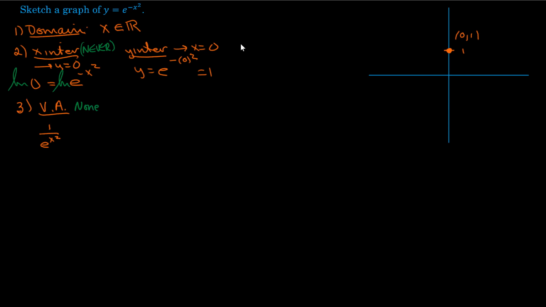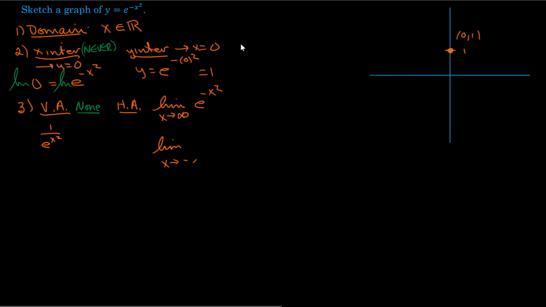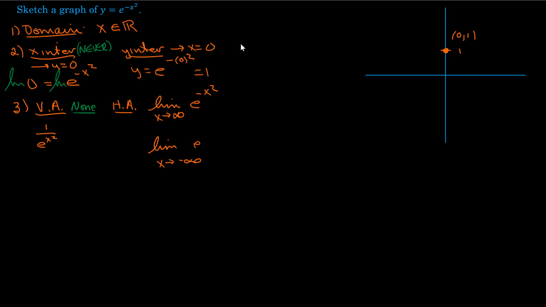They never occur. Horizontal asymptotes. This is going to be the limit where x approaches infinity of e to the negative x squared. And we're also going to do the limit as x approaches negative infinity of e to the negative x squared.